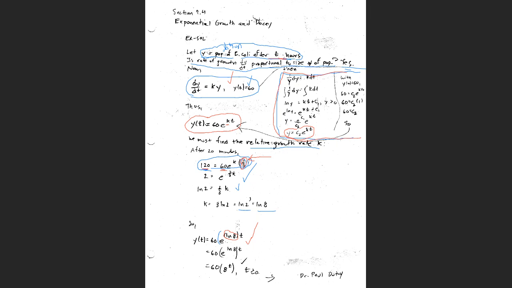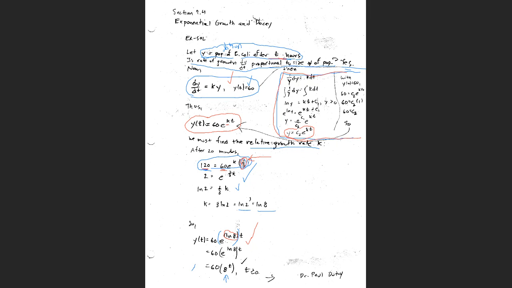But e to the power log of 8t is the same as e to the log of 8 raised to the tth power. It's the same thing. And it's good to do it that way because e to the log of 8 becomes 8.